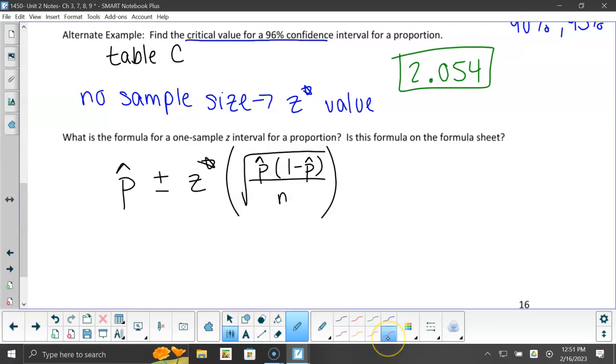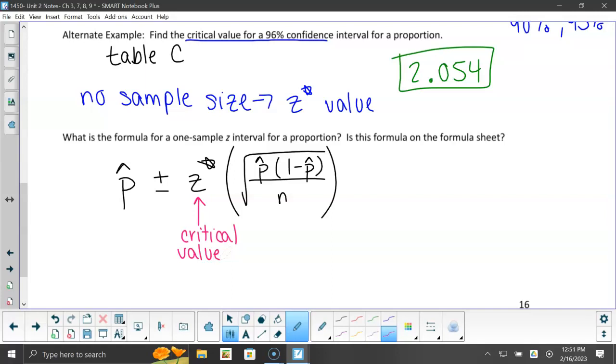I'm also going to show you guys how to do it in the calculator. So this z star, this is your critical value. Yes, for proportion. It's just z star. Hang on. Where's the z star? It is the critical value.